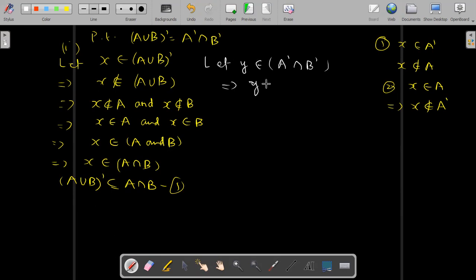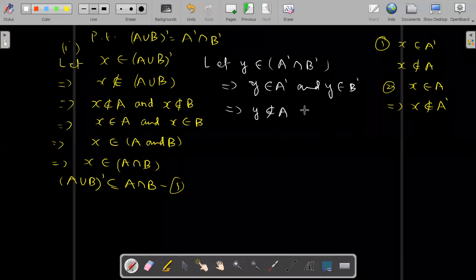So Y belongs to A complement and Y belongs to B complement, which implies Y does not belong to A and Y does not belong to B. The "and" will become union, as I told you.